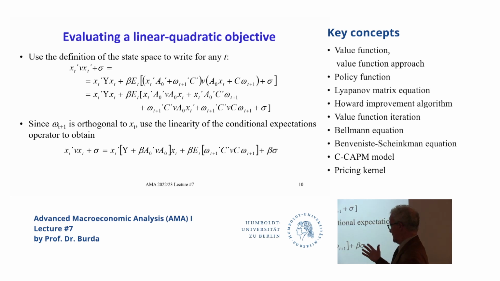And you can see already that the first term, the leading term on the right-hand side, is a function only of xt. It's a quadratic form, just like the left-hand side. Okay, known information in period t. And that's just because we use the period t information to forecast the future, and the quadratic form and the assumed form of the value function allows us to do that.